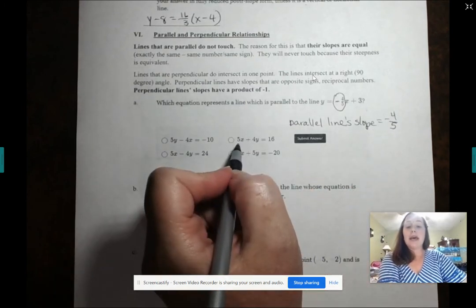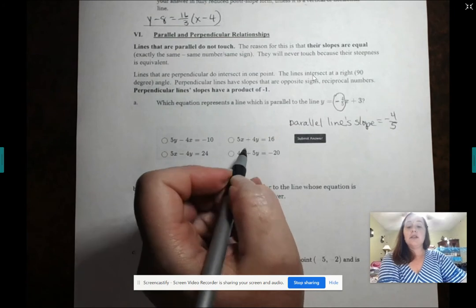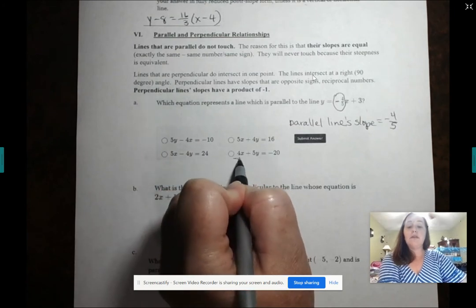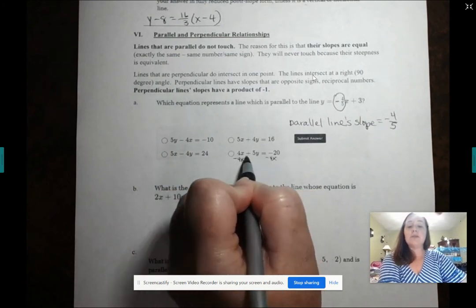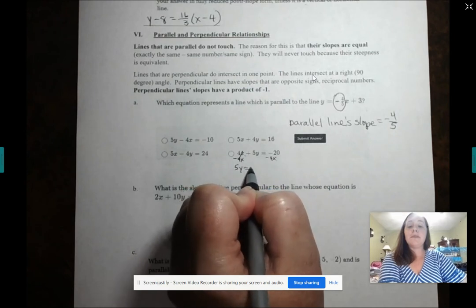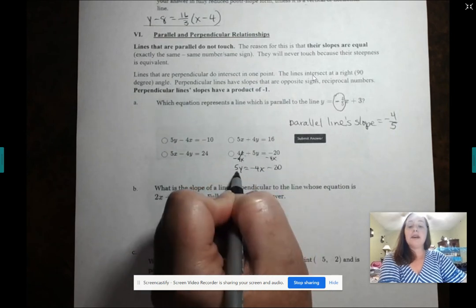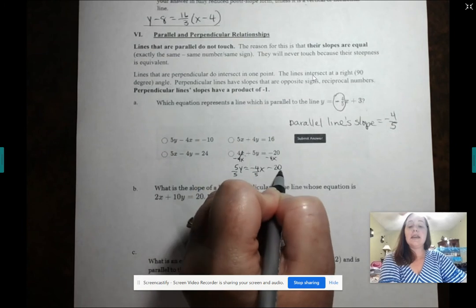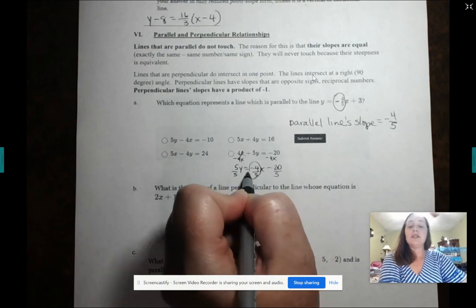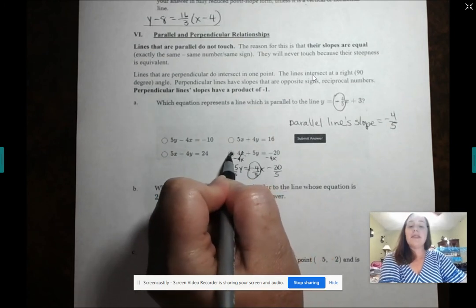I'm going to skip ahead and take us to this one. So I'm going to move the 4x to the other side by subtraction. And when I divide by 5, it doesn't even matter what the y-intercept is, but you should see a slope of -4/5. That's the right answer.